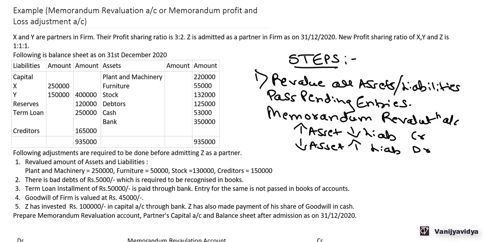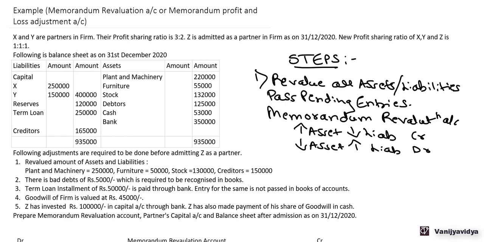Normally, with a proper revaluation or profit and loss adjustment account, we debited or credited that account and the second effect of that entry was given to the asset or liability account. Now in this case we won't be giving any effect to asset and liability accounts. All the assets and liabilities will be at the same value, not at a revalued value.